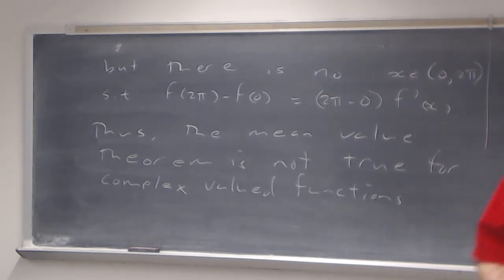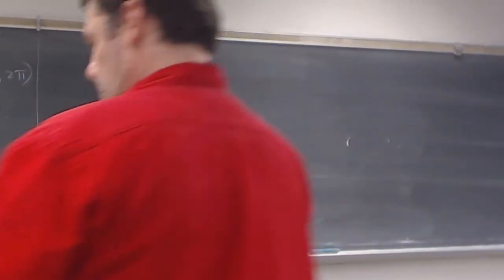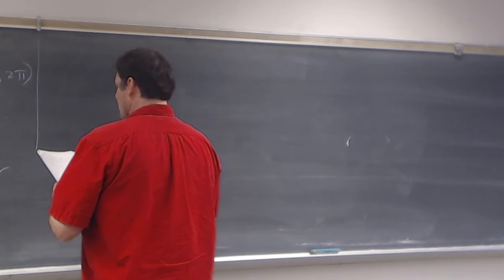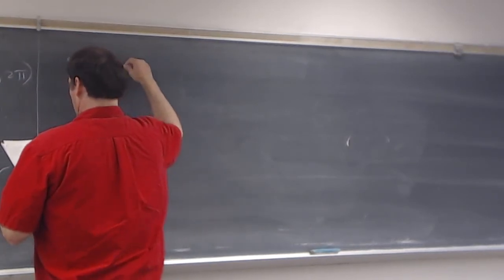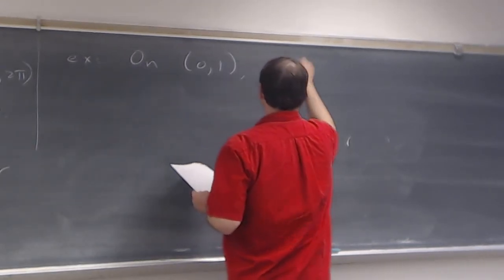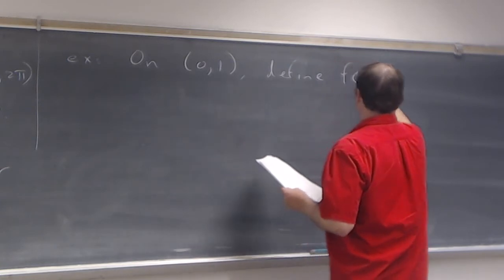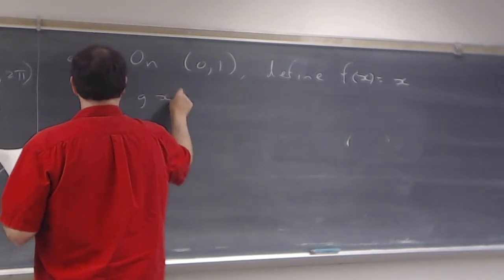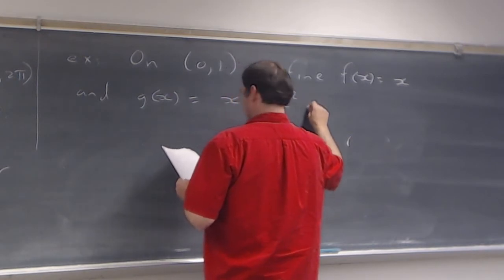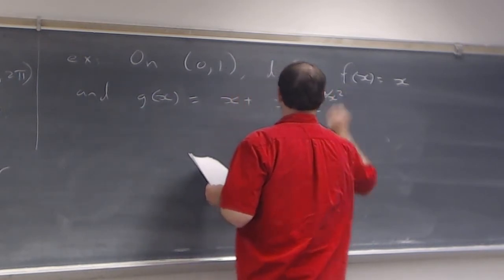Next thing I want to do is look at an example about two complex functions, and talk about what this example says for L'Hopital's rule. So as an example, on the interval 0 to 1, we define f of x to be equal to x, and g of x to be equal to x plus x squared times e to the i over x squared.